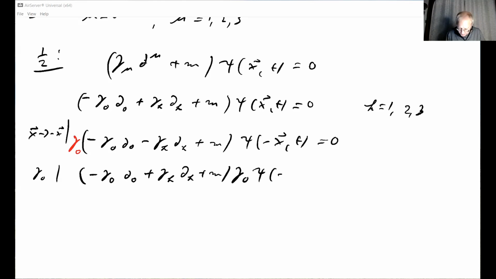Gamma 0 minus x t. So remember that the anticommutator of gamma mu and gamma nu was equal to twice the metric. So if I put here 0 and k, then always the right-hand side is 0, and you pick up a minus sign when you commute them around.